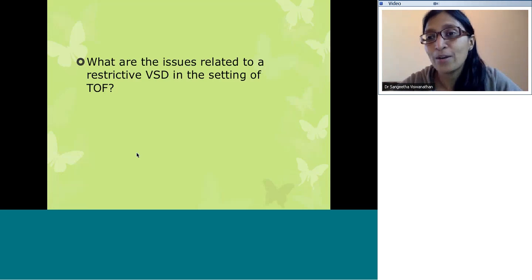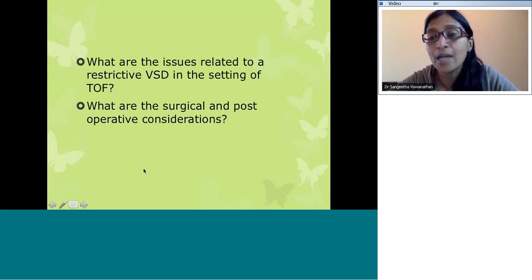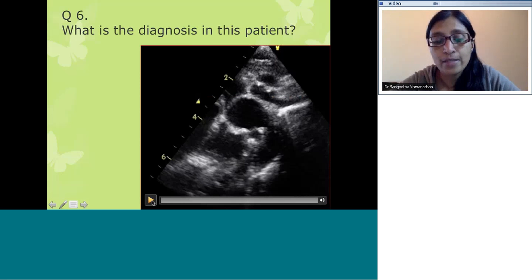That's the thing to bear in mind. Okay. So their saturations will not be very low. Their RV will start to fail because of the pressure overload. And post-operatively also, these are difficult patients to manage because they have a highly restrictive physiology. So they are more high-risk patients and they will exhibit restrictive physiology.